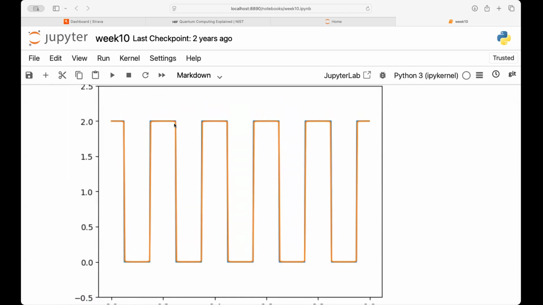So let's just go quickly back to the slides and go through the Fourier part before we then move into quantum Fourier transforms. And then I'm basically going to use the whiteboard for the rest of the lecture.